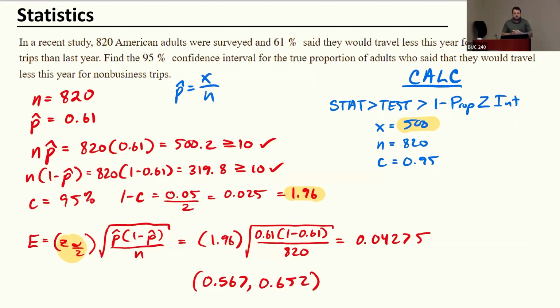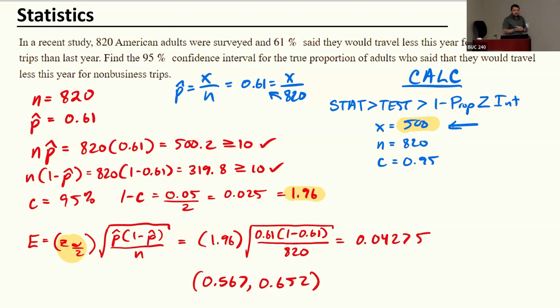there's the formula. Okay, well, notice they give me 0.61 is equal to x over n. I don't have an x value, but I do have an n value of 820. If I solve for x, that means multiply this up, I get my x value, and that's how I got that 500 right there.